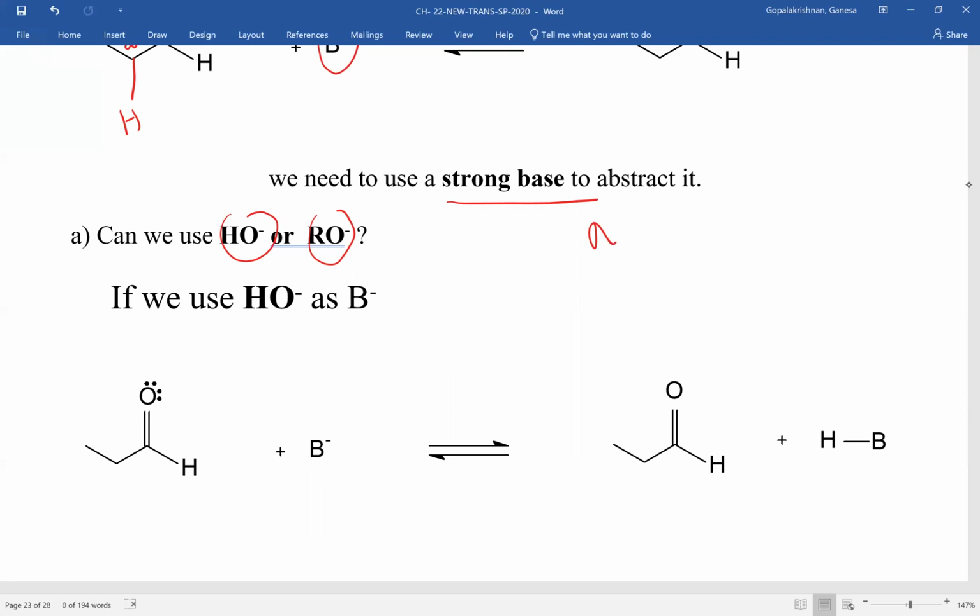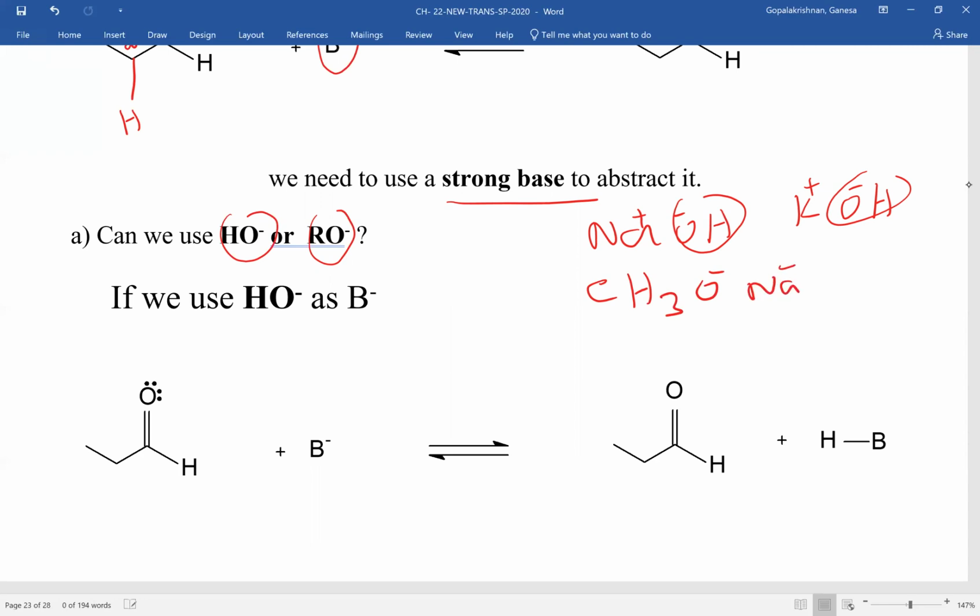Examples: sodium hydroxide or potassium hydroxide. As a strong base, in this, OH minus is the base, we know. We also use the alkoxide, for example, CH3O minus Na plus, or ethoxide, say put a potassium there.